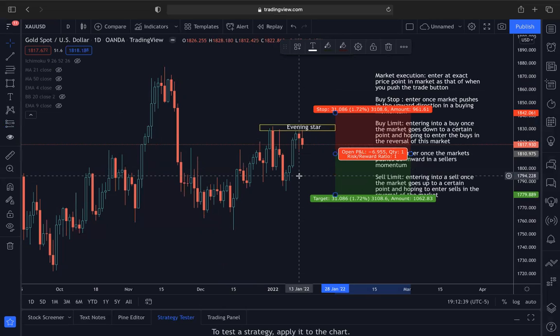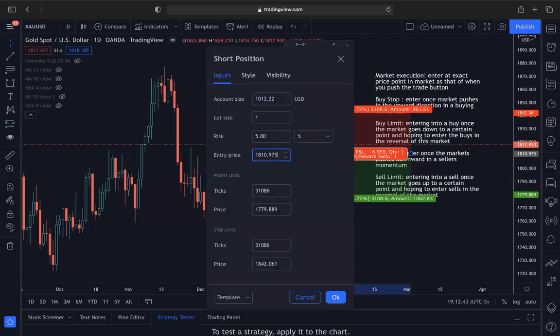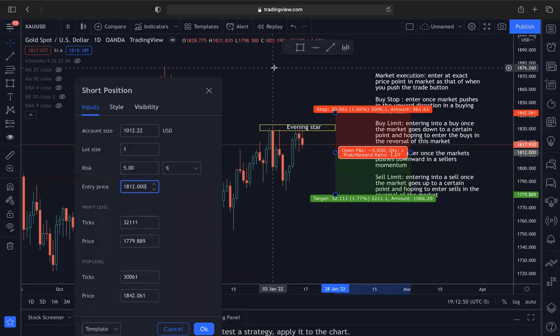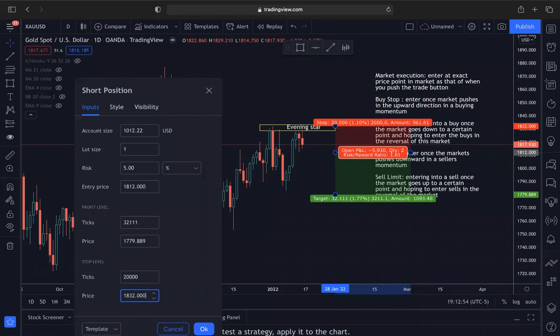So we'll go at about 1812, we'll say. Same thing with our stop loss, just double check that, 1832. And then take profit 1770.